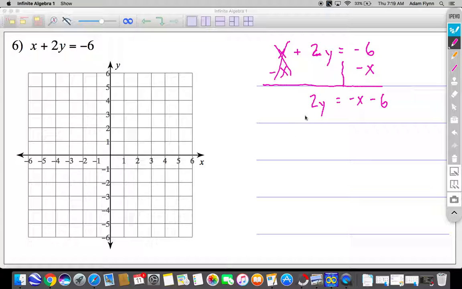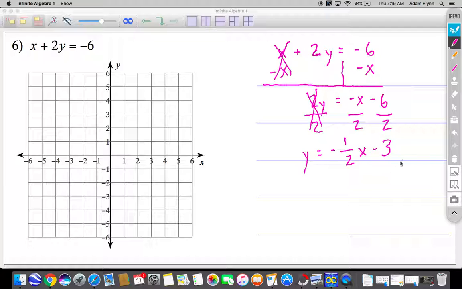So I need to divide by 2 to get this y by itself. Remember, I'm dividing everything by 2. So these 2's cancel, and we are left with y equals negative 1/2 x, and negative 6 divided by 2 is negative 3.